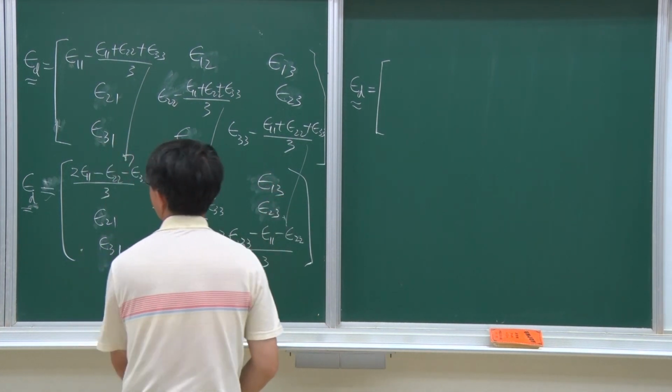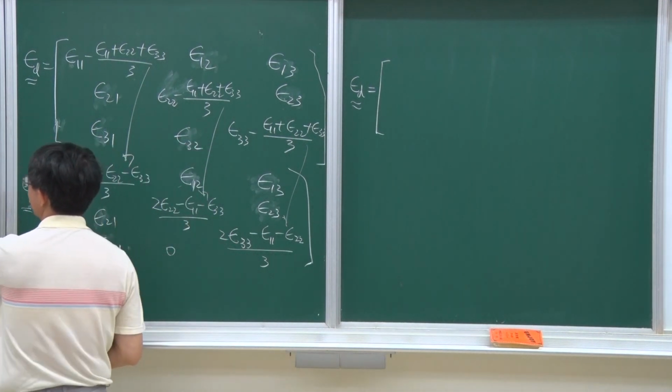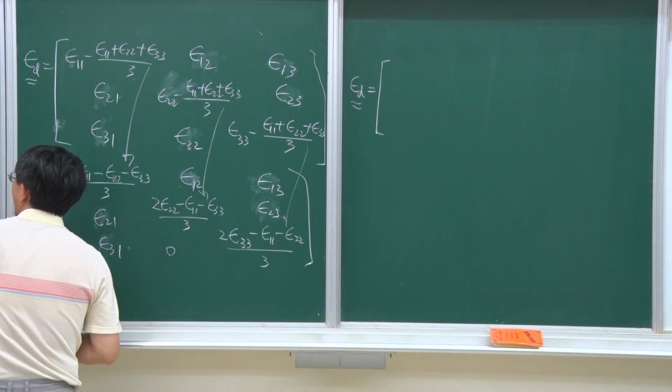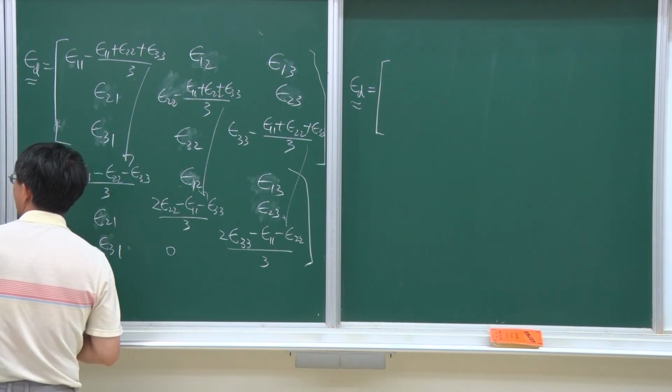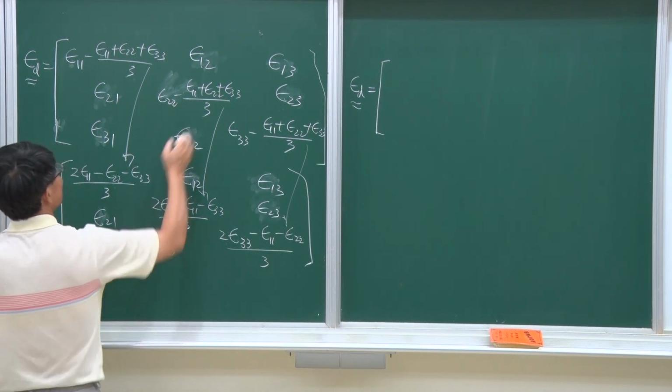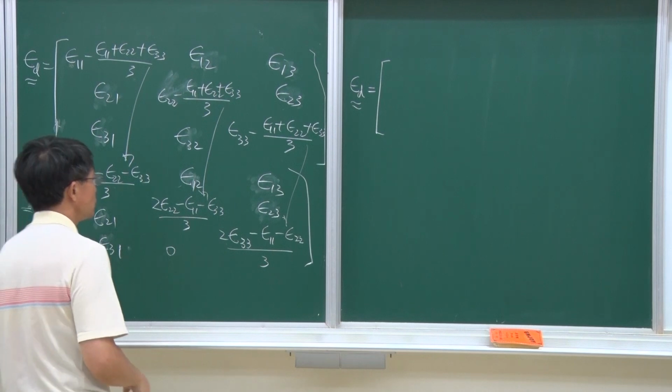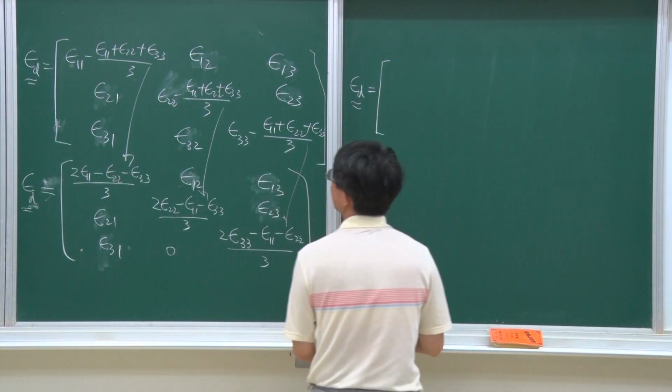Because we have 0 here, but we still have some off diagonal terms. So when we sum it up, we shouldn't put 0 here. Instead, we put some simple shear there.